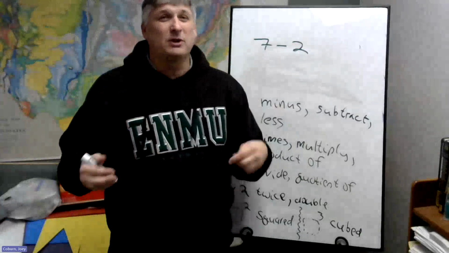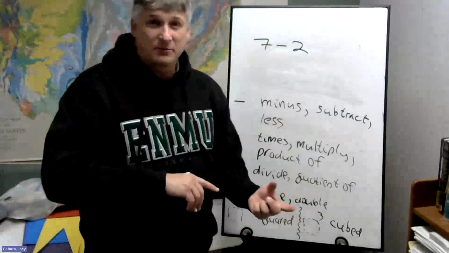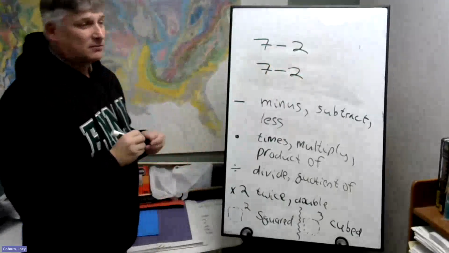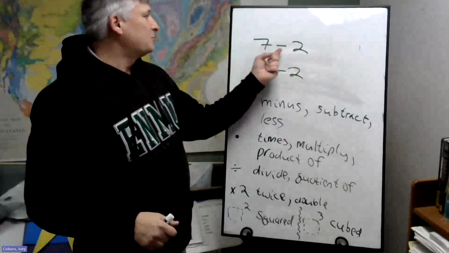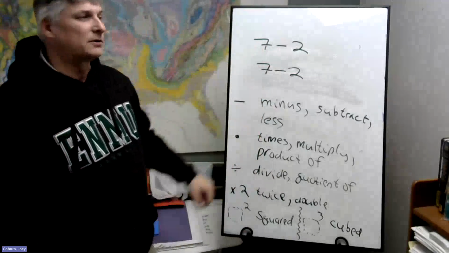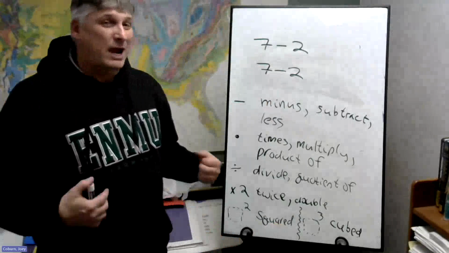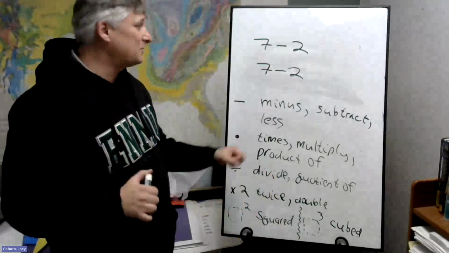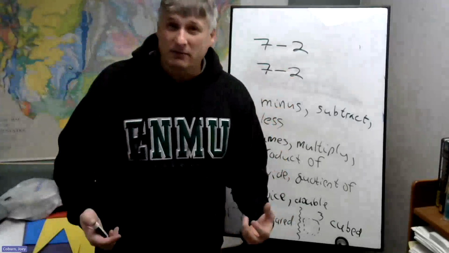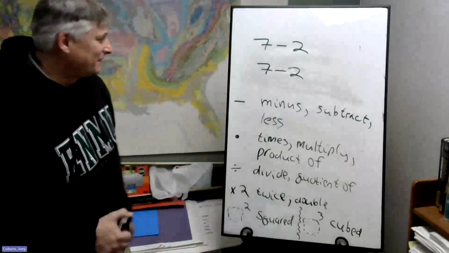But we could also say it this way: 2 is subtracted from 7, or 2 is taken away from 7. That also means that same thing. What's the difference? 7 subtract 2, we said the 7 first, and the 7 goes in front. But when we say 2 taken away from 7, we're actually saying the 2 first, but in this case, the 2 still is right here. 2 taken away from 7 would be this. So with subtraction, you have to be kind of careful there.